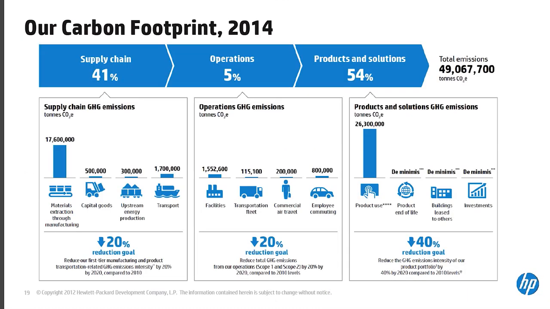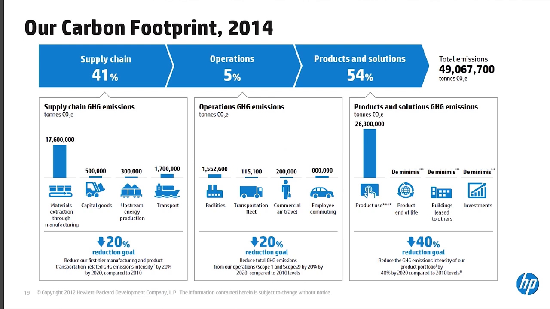From an LCA standpoint, as I mentioned, it's allowed us to report our carbon footprint as a company. But the main thing is it's allowed us to intelligently set reduction goals for carbon and for water. So you see here, as a company, our product's use phase is about half of the entire carbon footprint, which is what you'd expect.